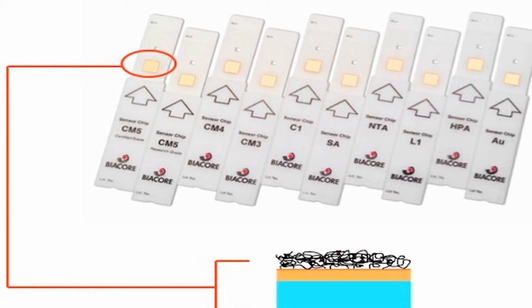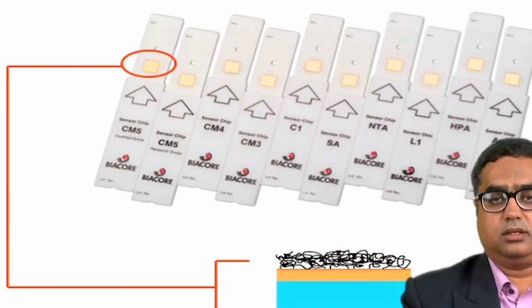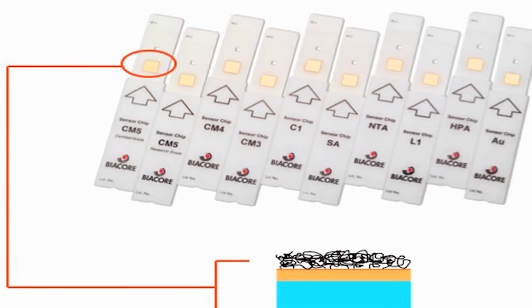Each of these chips has a place for an adapter, and this adapter actually holds the gold, and that gold place is where the immobilization happens, and the adapter actually pushes the gold surface into the SPR system where actual immobilization happens.